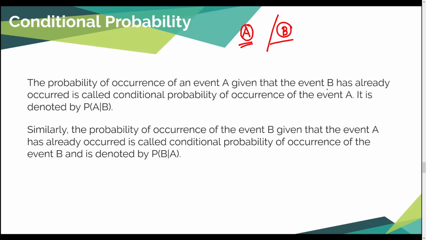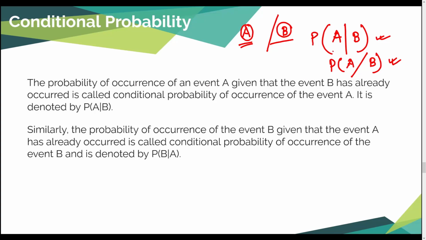And how do we denote it? It is either denoted by P(A|B) or P(A/B). Both of them are the same. So in some textbook or in some exercise you may find this symbol, but they ultimately mean the same.